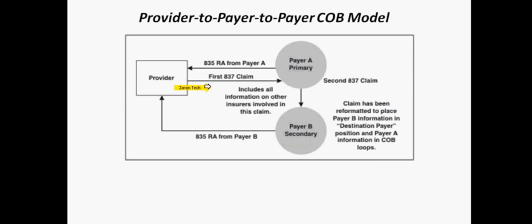So first from the provider, the claim comes to the payer A, and a portion of the claim is processed by the payer A and he reimburses, and the remaining portion is sent to the secondary payer, and the secondary payer adjudicates the claim and pays the remaining portion, and he would send the 835 remittance back to the provider. So I think this should give you the cycle, how the COB information loops around between the multiple payers.